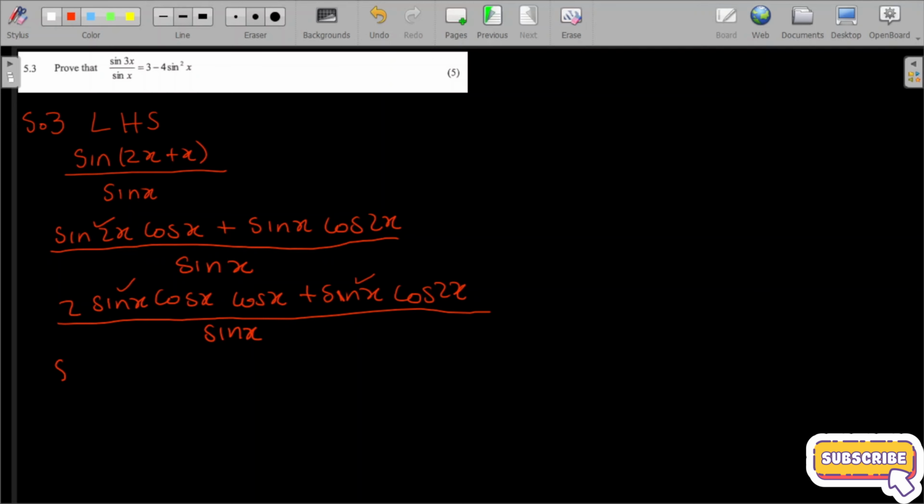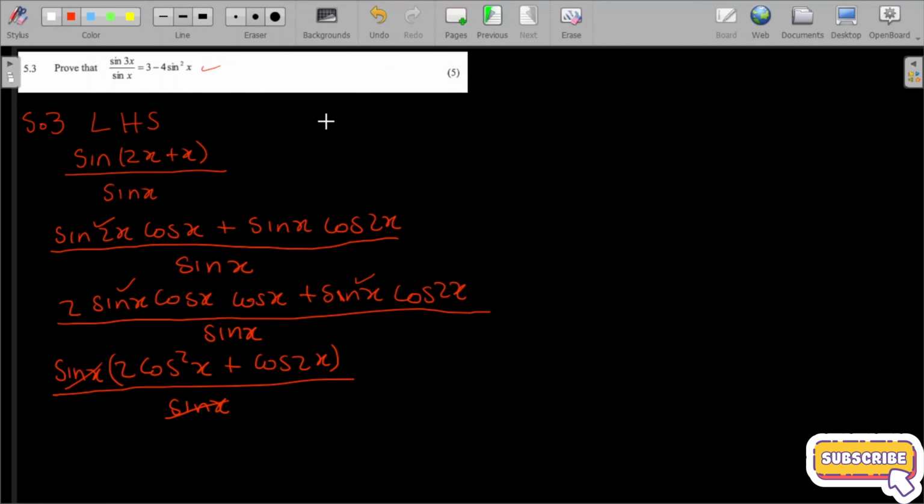So I'm going to take sine x as a common factor. What is left is these 2 here, and then this cos and cos, which is going to give me cos squared x, and then plus this is out as a common factor, so I'm left with this cos 2x all over sine x.